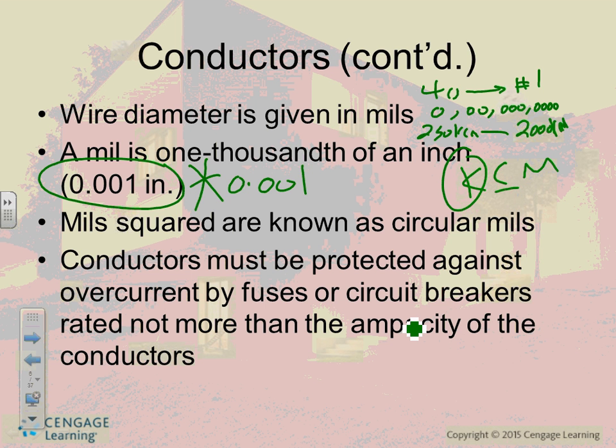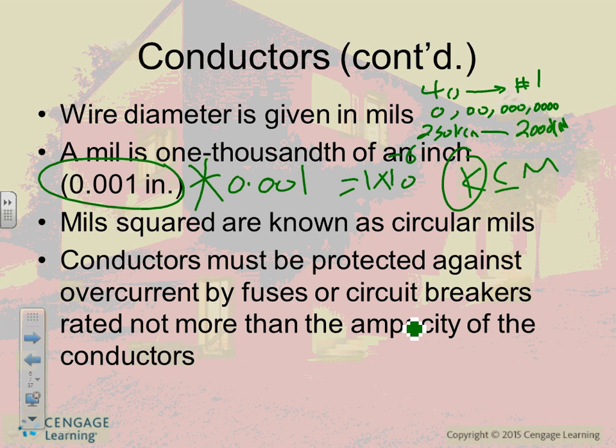A mil is 1/1000th. A square mil is a mil multiplied by another mil. So in this case, that will be 1 times 10 to the power of minus 6. So 1 over a million, right? 1 over a million is a square mil.